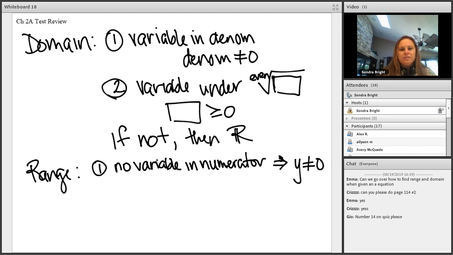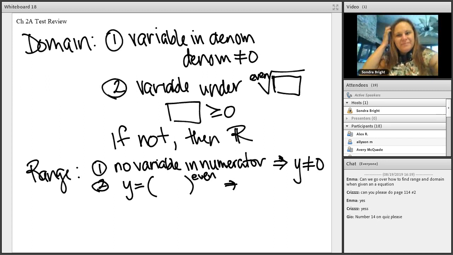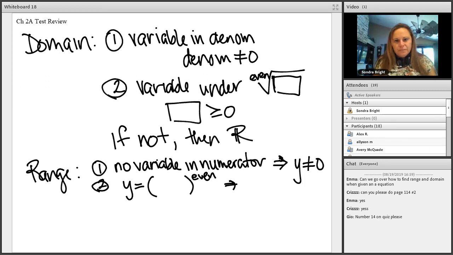The range will never equal 0 if there's no variable up in the numerator. If you've got the equation y equals some kind of x to an even power, x squared, things like that, then you're only going to get positive y values.